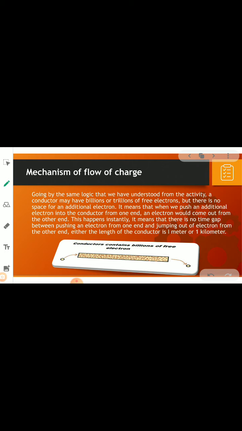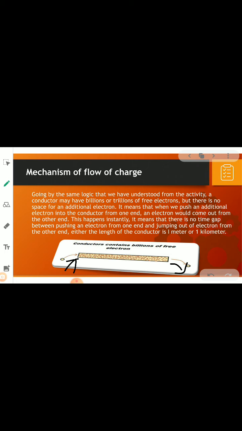When we push an additional electron into the conductor from one end, an electron will come out from the other end. This happens instantly. There is no time gap between pushing an electron in from one end and an electron jumping out from the other end.